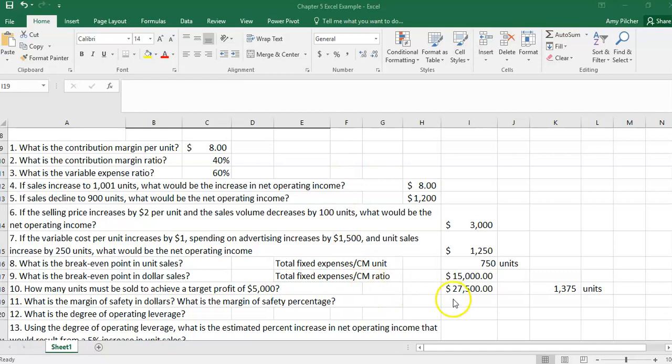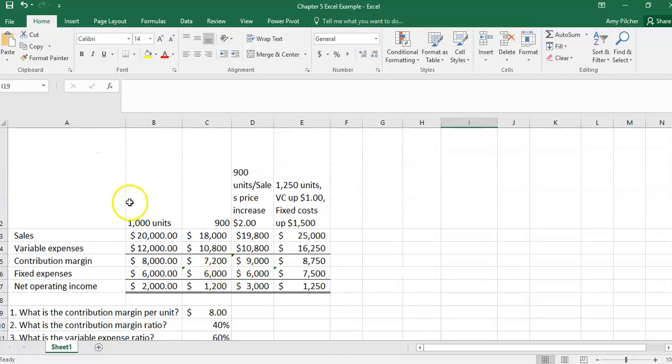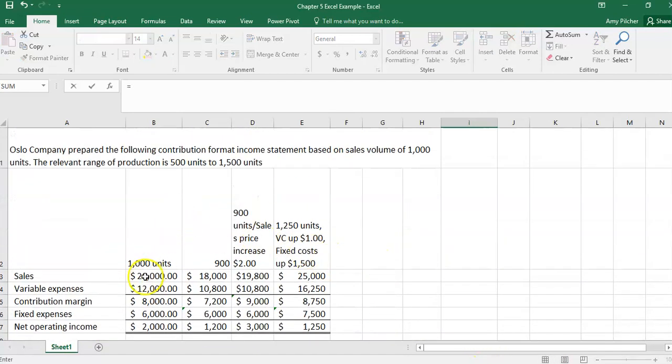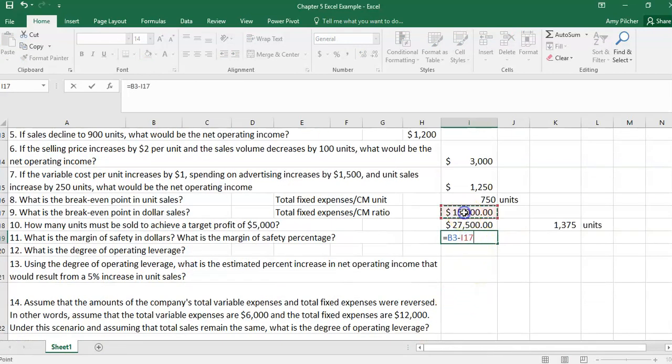Our current sales is $20,000, and we calculated our break-even in sales to be $15,000. So we take 20,000 minus 15,000, and our margin of safety in dollars is $5,000.